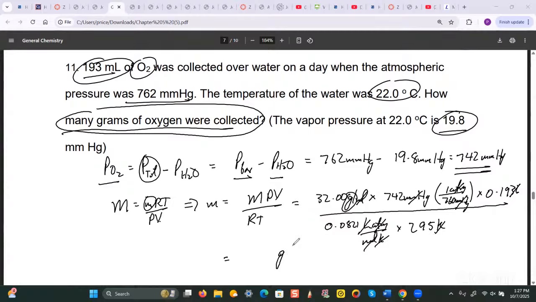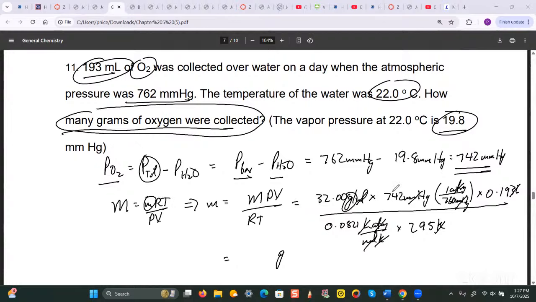So let's do the number crunching. 32 times 742 times 0.193 divided by 0.0821 times 295.